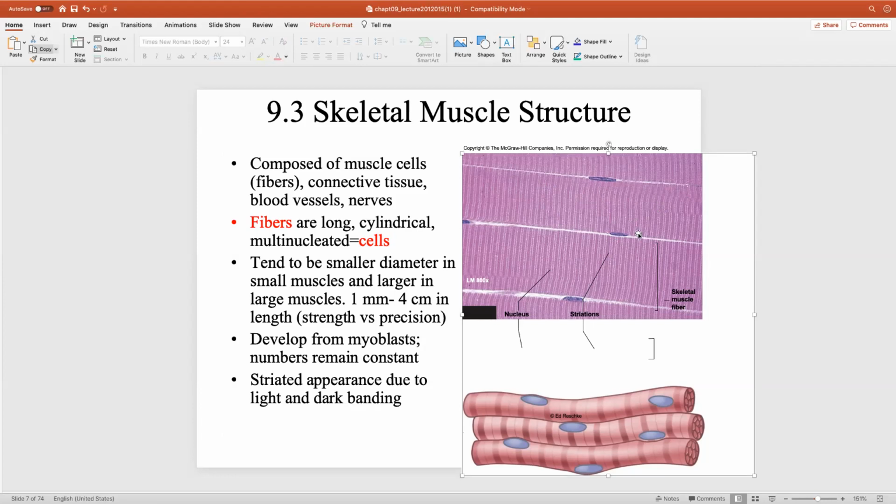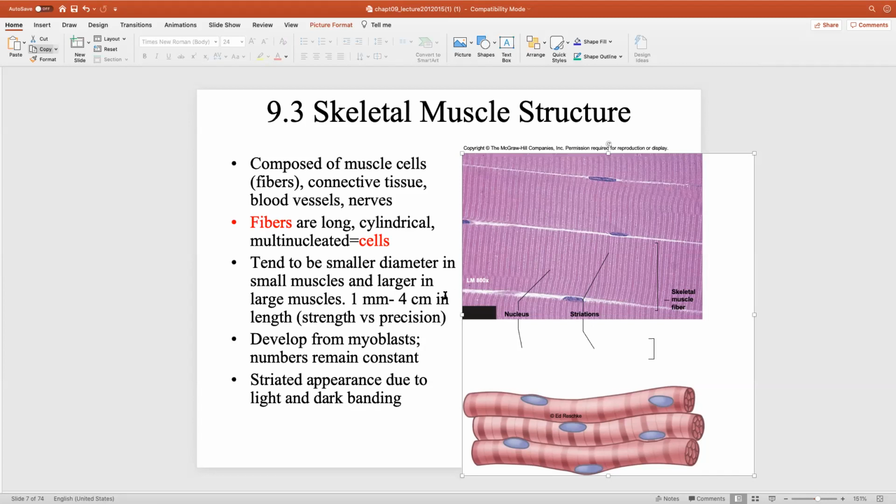Most cells are microscopic, right? These cells right here, the skeletal muscle fibers, can be up to almost 30, 40 centimeters, which is pretty long when you consider normal typical cells are microscopic. And when we look at the actual cell under a microscope, you see the banding, light, dark, light, dark, light, dark banding.